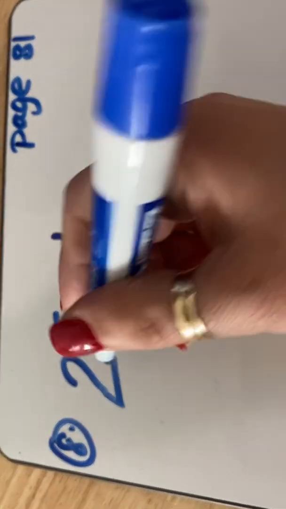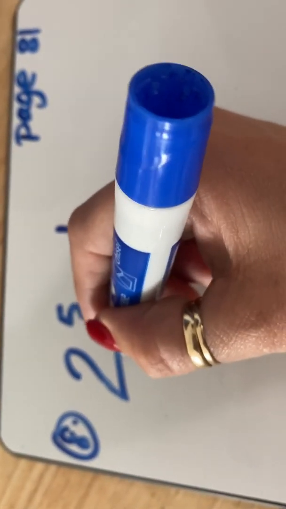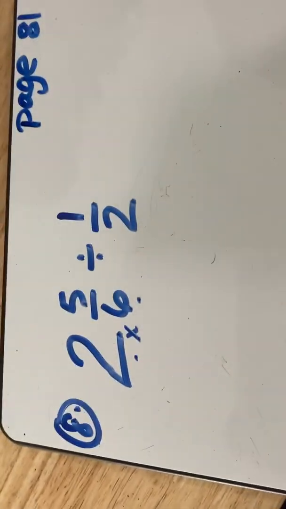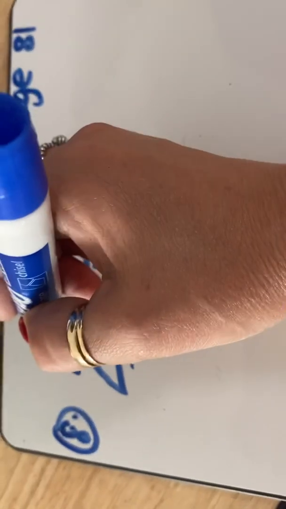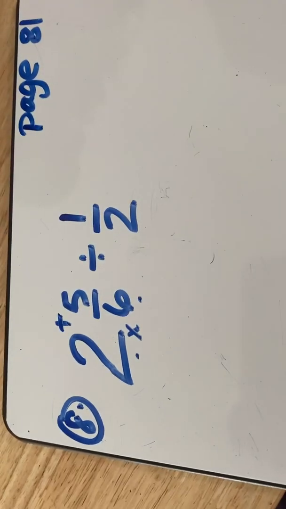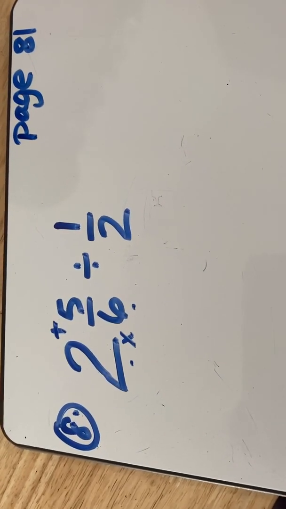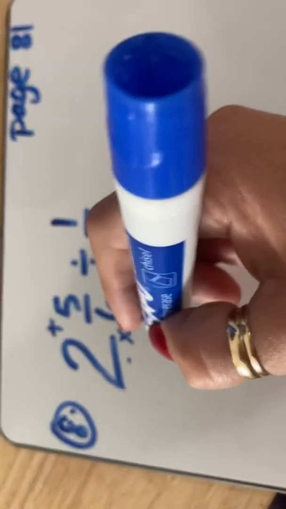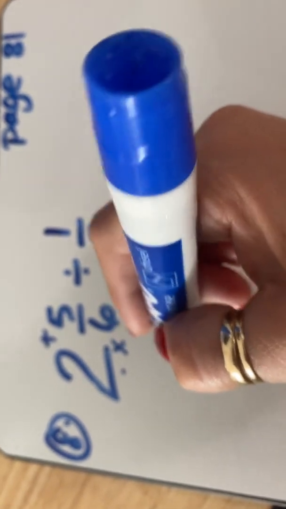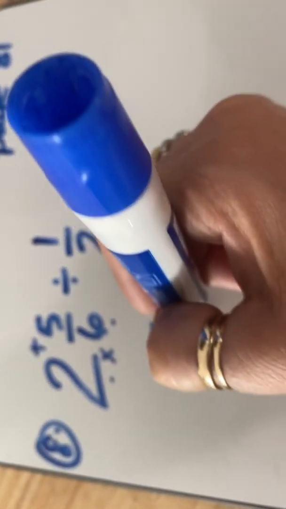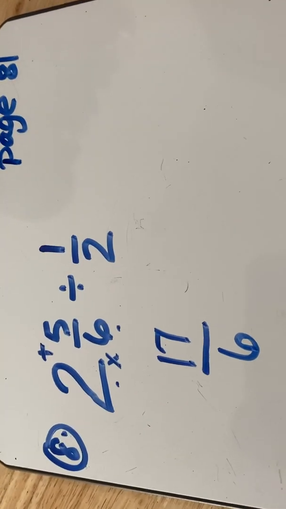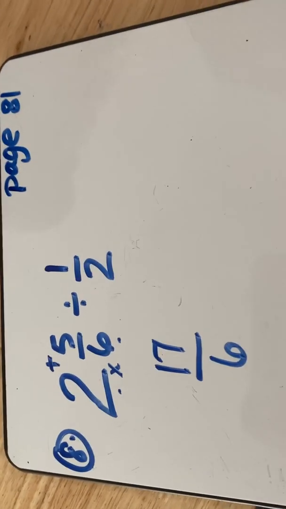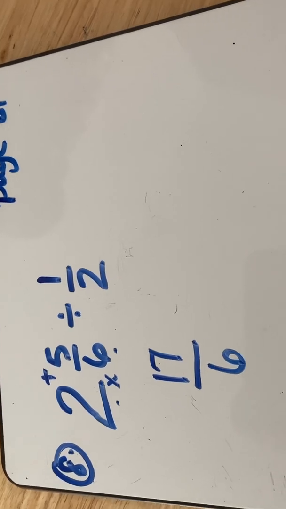So we multiply the denominator by the whole number, 6 times 2, which is 12, and we add 5, which is 17. We write 17 as the numerator, and the denominator stays the same. So there we have an improper fraction of 17 over 6.